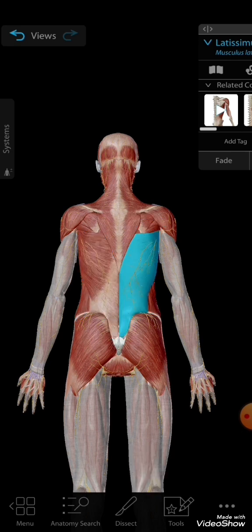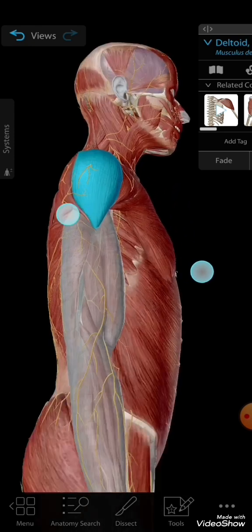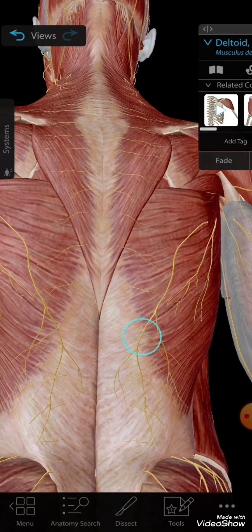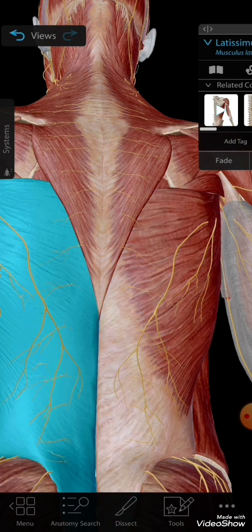Now, if I rotate a little bit, you will observe that this muscle is getting attached just below the deltoid, under the fibers of it, in the floor of the intertubercular groove. So this is how we complete the latissimus dorsi muscle on both sides.